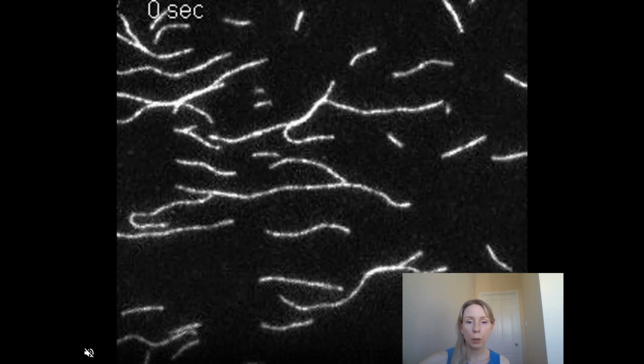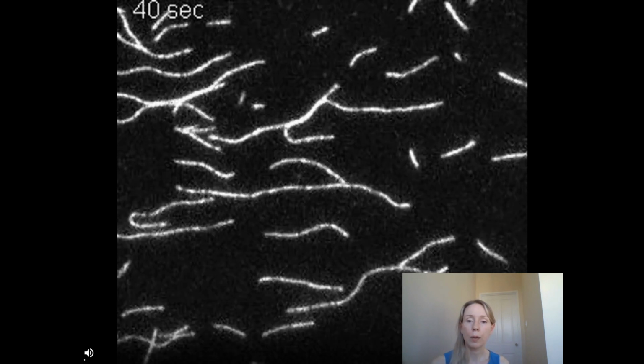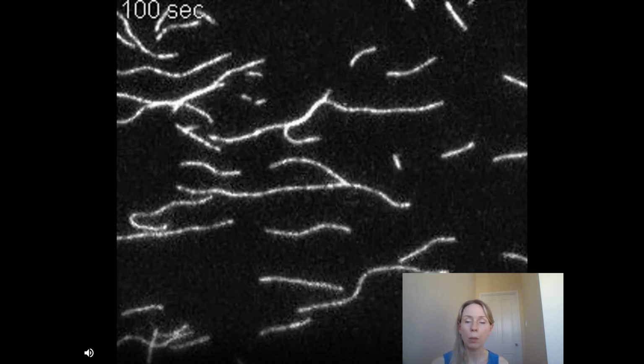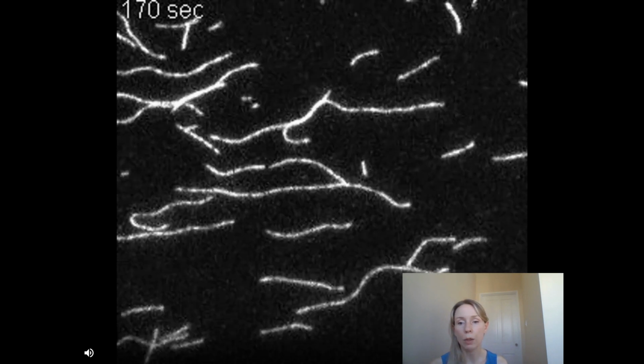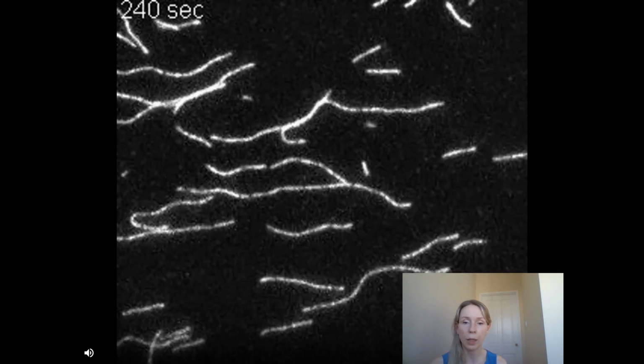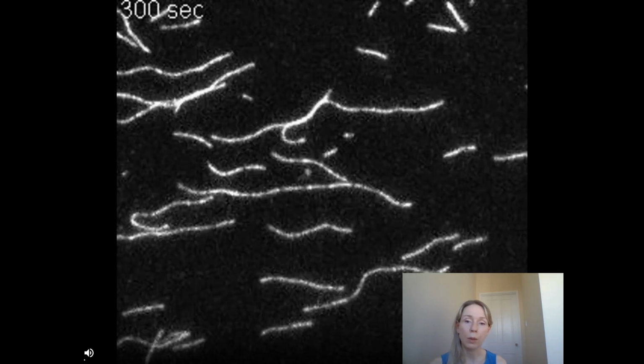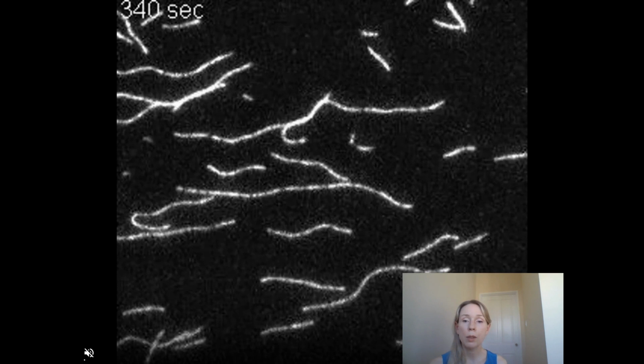So let's look at the unoxidized actin first. Over time, some of those polymers are getting shorter, which is expected. However, in general, actin persists on the surface because its depolymerization rate is not really that high.